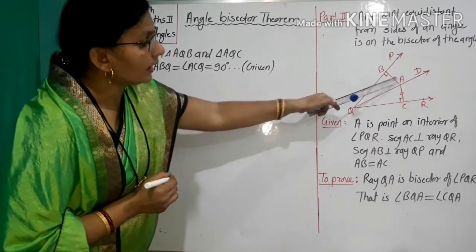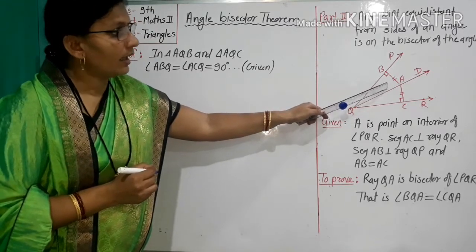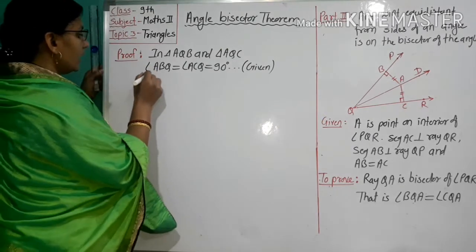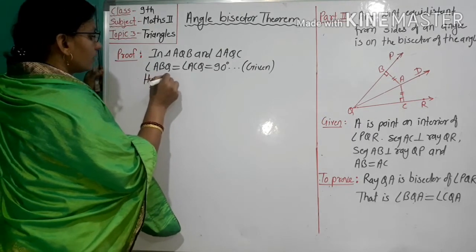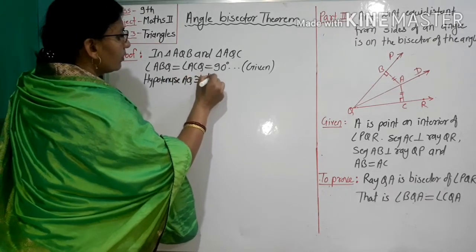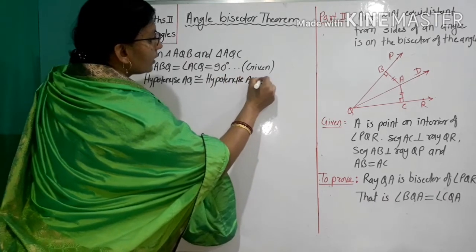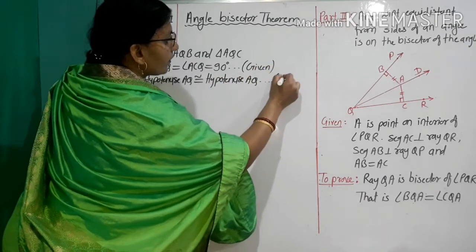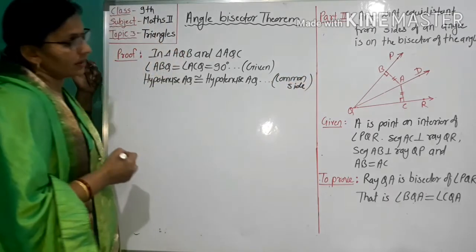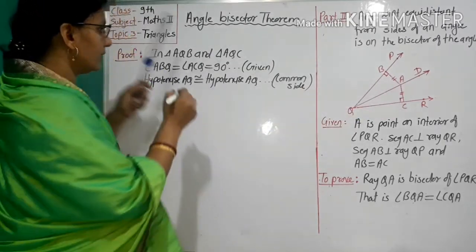Segment AQ is the hypotenuse of both these triangles, and the hypotenuse is the common side. So hypotenuse AQ is congruent to hypotenuse AQ, reason: common side. Segment AB is congruent to segment AC.